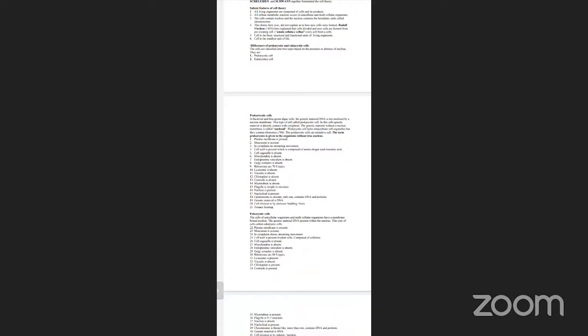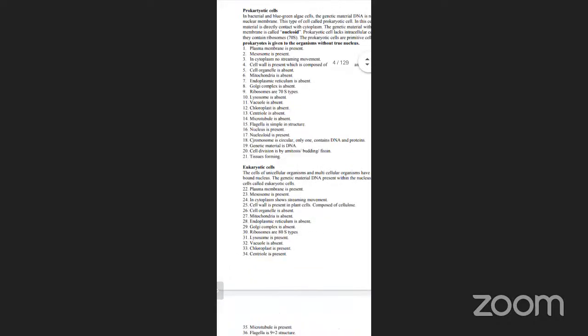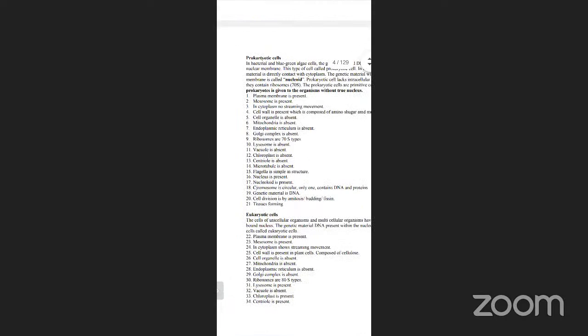So this list is given to you. See here, observe here. The plasma membrane is present and mesosomes are present in some, or absent in others. Generally, 21 differences are there between the prokaryotic cell and eukaryotic cells.